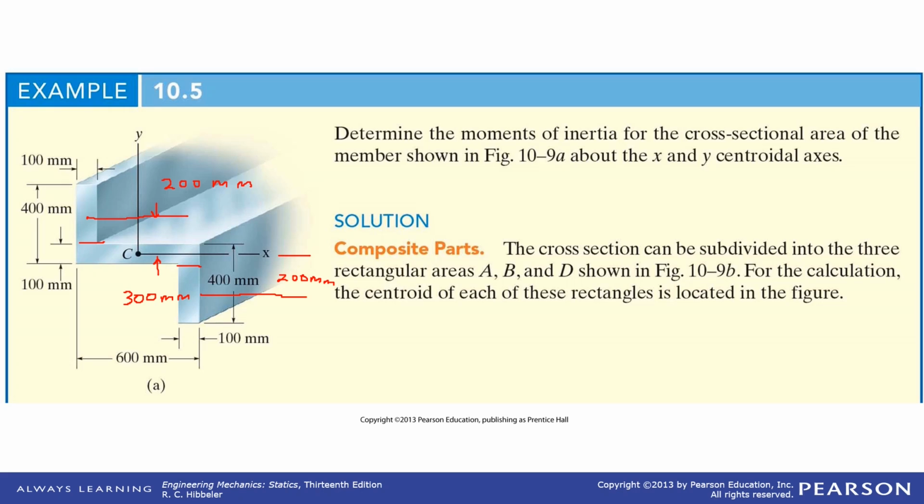Okay, and we know the formulas. Moment of inertia about the center of mass, 1/12 bh cubed. The width times the height cubed. Let's see. Composite part number 1, composite part number 2, composite part number 3.